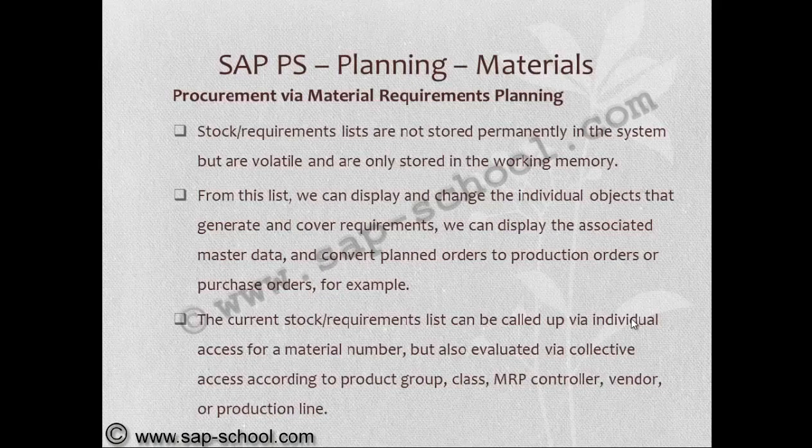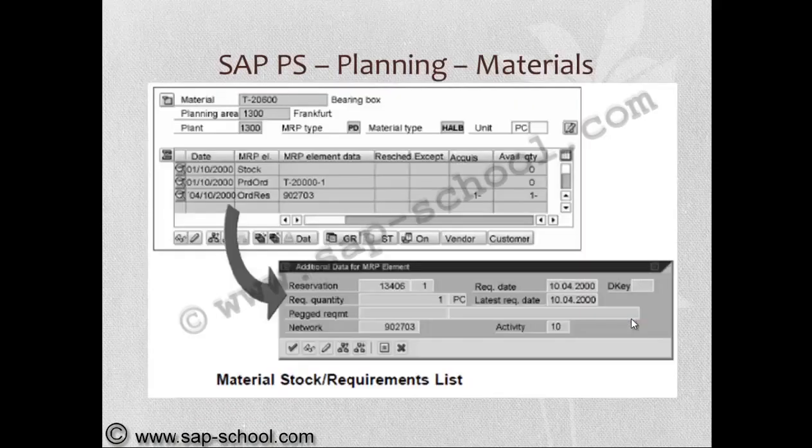For example, the current stock list can be called up via individual access for a material number, but also evaluated by collective access according to product group, class, material controller, material requirement planning controller, vendor, or production line.